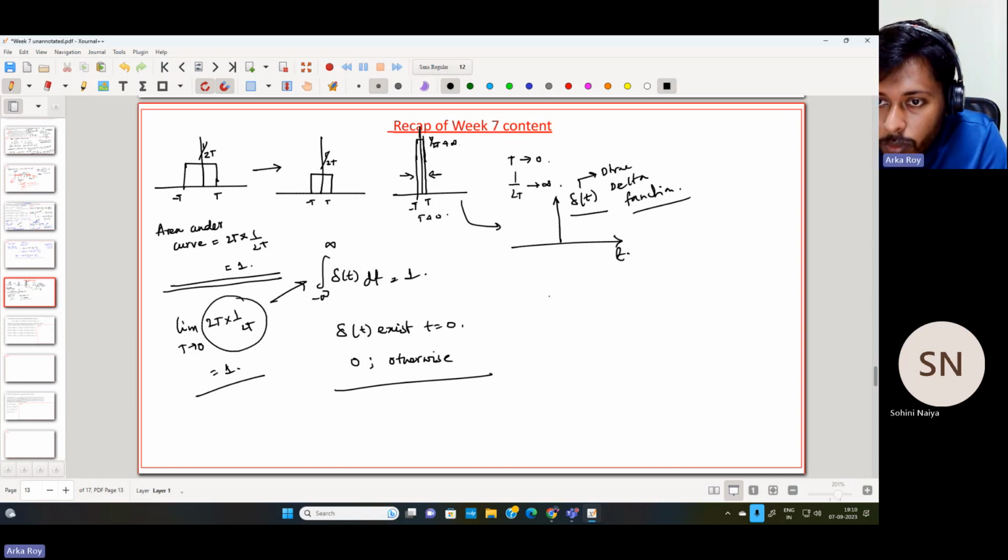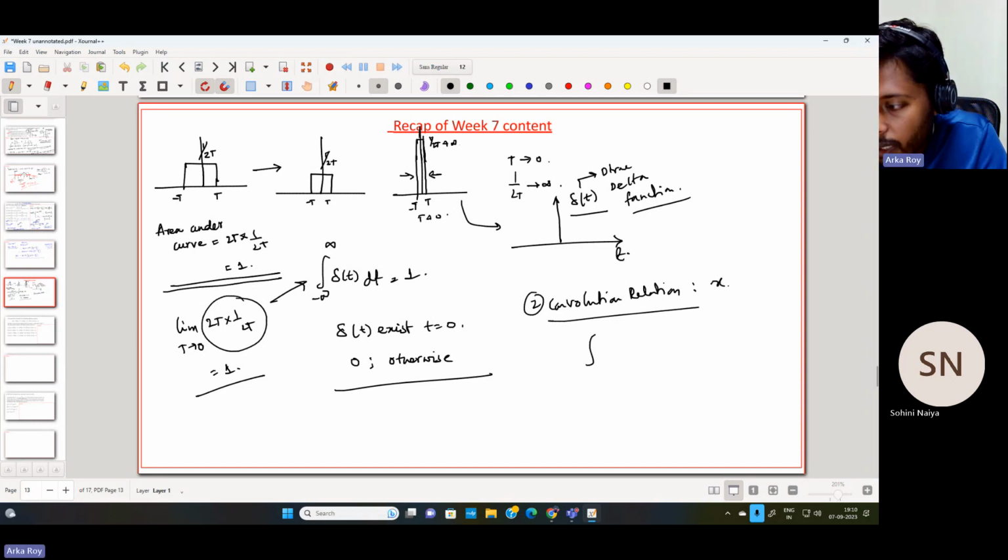And we have to see the convolution relation. The convolution relation is, let's say, xa t convolved with delta t. It is the same as what we have seen in the digital case, where we used summation.